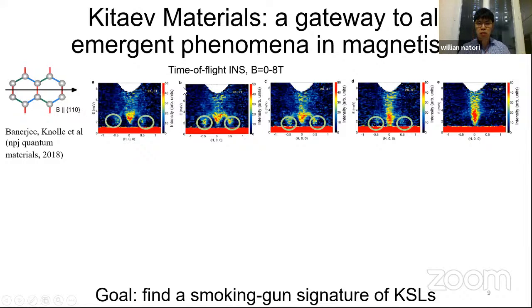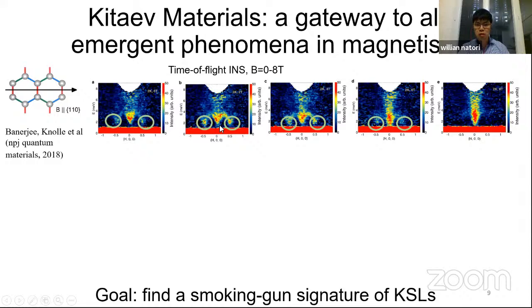its ground state, if you apply a magnetic field between 7 and 9 Tesla, you will find that the order vanishes. And this is actually seen in this time-of-flight neutron scattering experiment.